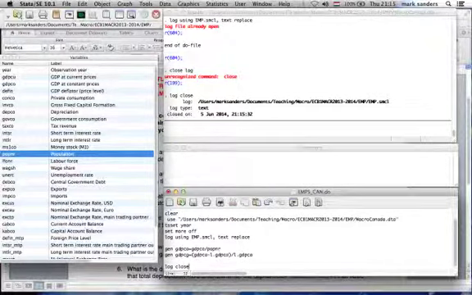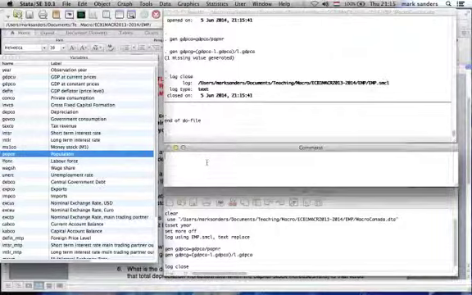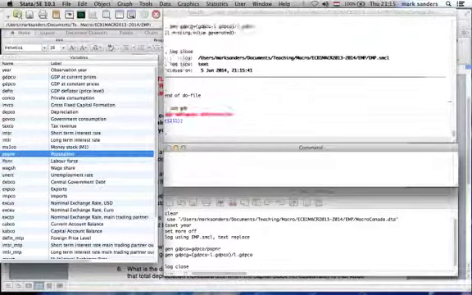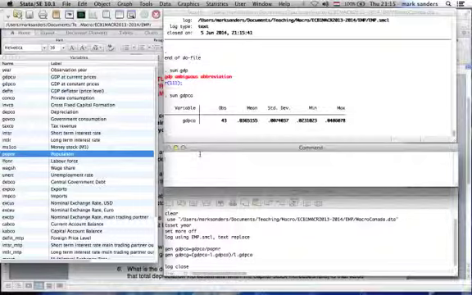Now if I run this, it works. Of course I can summarize the GDP variables and see what we got. And this is the GDP per capita. Mean is 0.03, standard deviation 0.005.